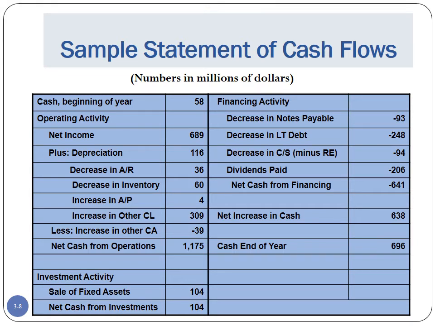We had a decrease in common stock minus the retained earnings, and then we paid some dividends out. So we ended up with net cash from financing, and we have a loss of 641. So we take a look at the gain from operations, the gain from investment activity, the loss from financing activities, and we see the cash at the end of the year is 696.